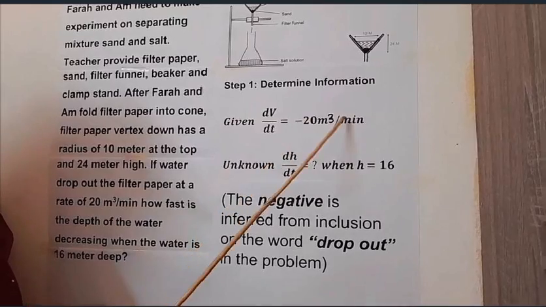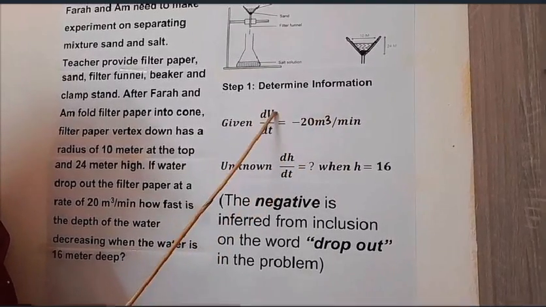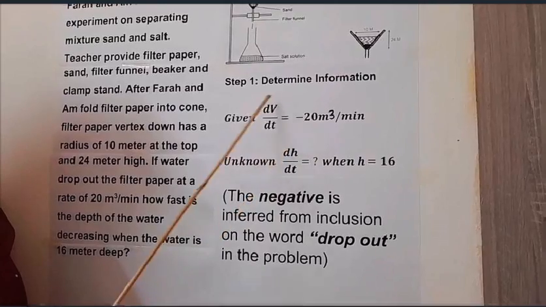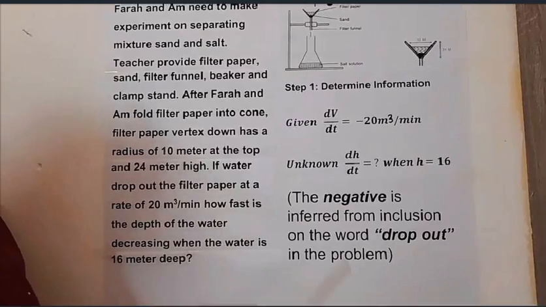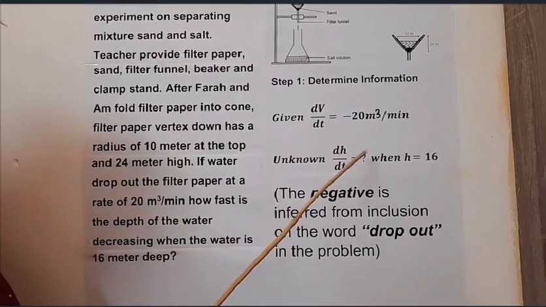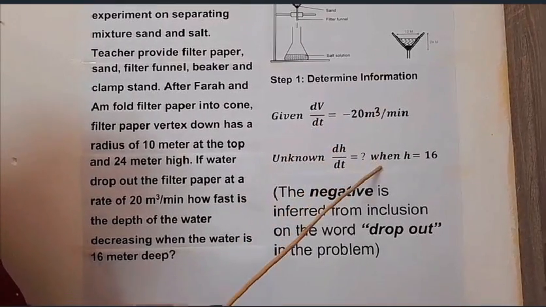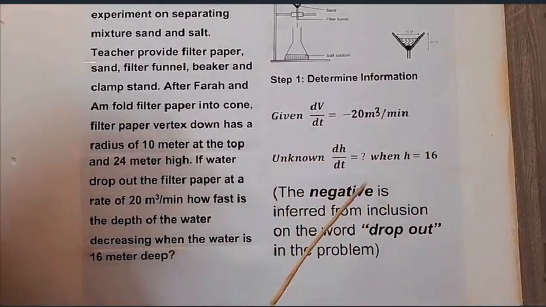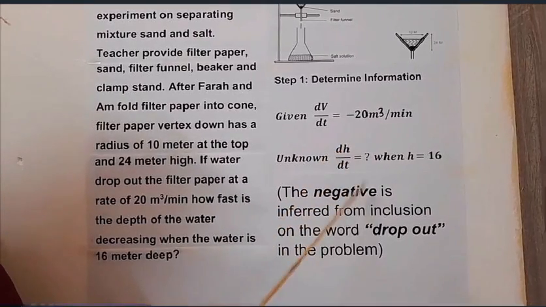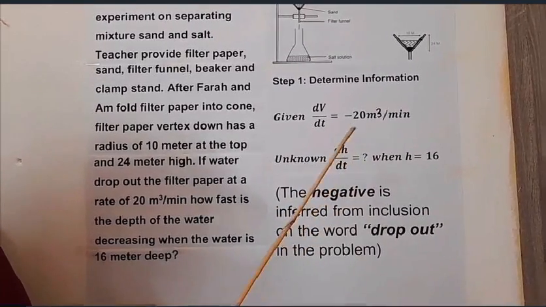Because cubic means we have volume, and for square we use area. For the unknown, we have dH over dt, when h equals 16. Why do we use dH and dt? H is for height and t is for time.